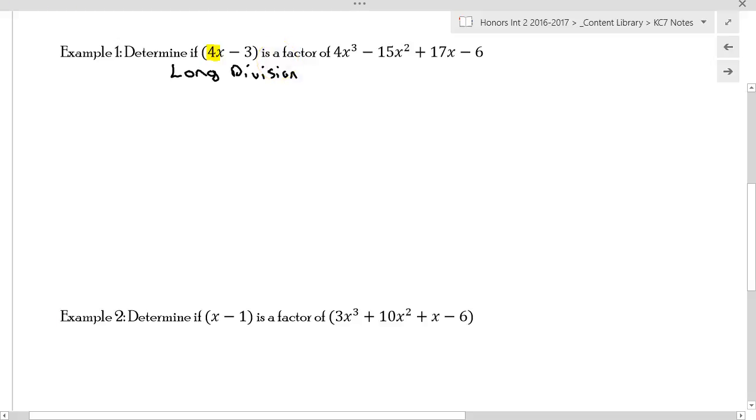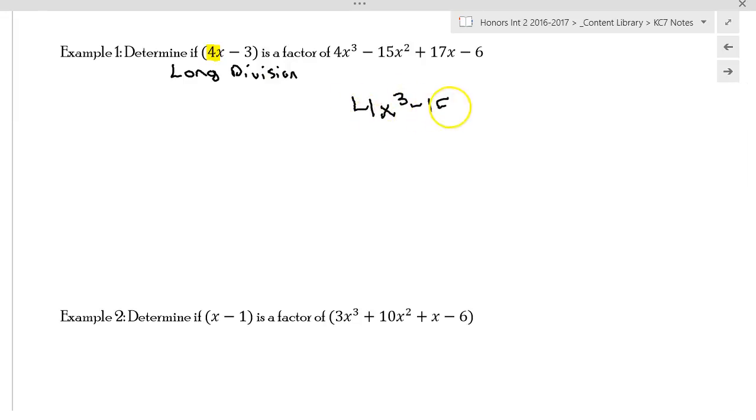So I'm just going to start out my long division. 4x cubed minus 15x squared plus 17x minus 6. And I'm going to divide it by 4x minus 3. That's what I'm trying to determine, is it a factor.